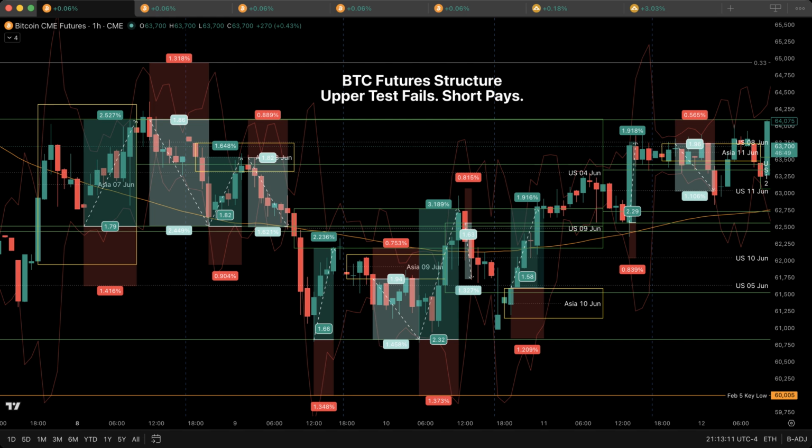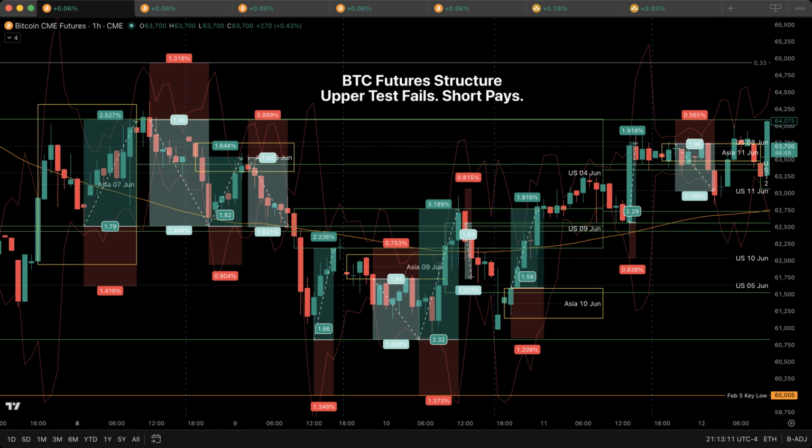But the split does not create the edge. The edge comes from upper failure. The edge comes from a stop that protects the real idea. The edge comes from a target that pays. June 11th Asia gives the third message. The market tests the top. It cannot stay. It returns to the midpoint.